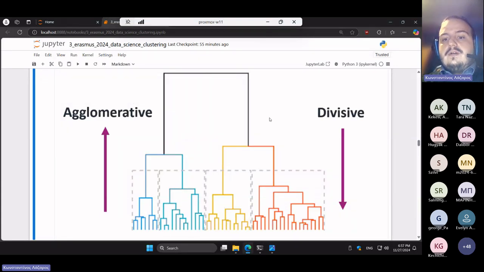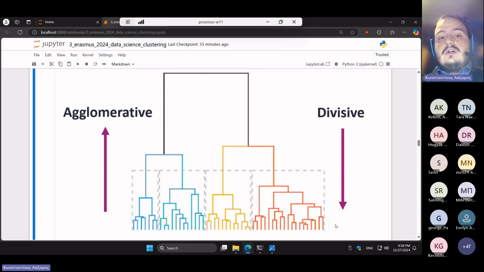So what does agglomerative hierarchical clustering actually mean? The leaves that you see here at the bottom, as you can see with my cursor, each represent a particular sample. If we visualized this for the Iris dataset, it would be 150 of these leaves.